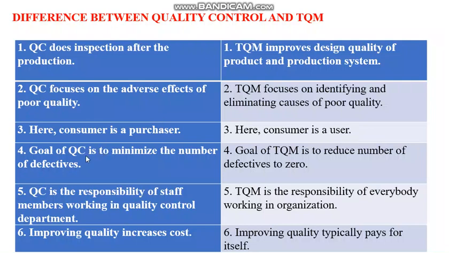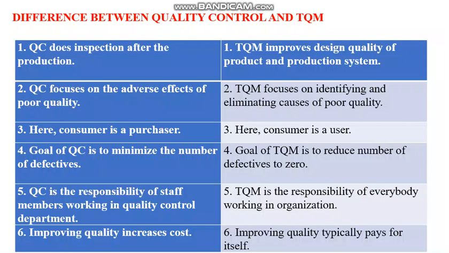Then the goal of quality control is to minimize the defects, whereas in TQM it is to bring the defectives completely to zero. That is the goal. Then quality control is the responsibility of those people who are working in the quality control department alone, whereas total quality management is the responsibility of everyone in the organization.